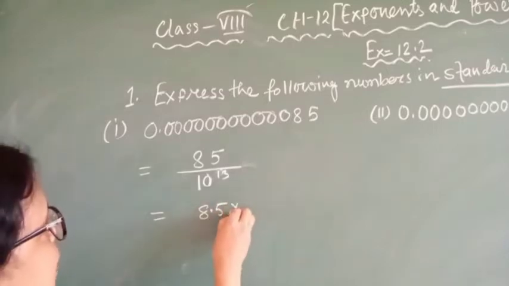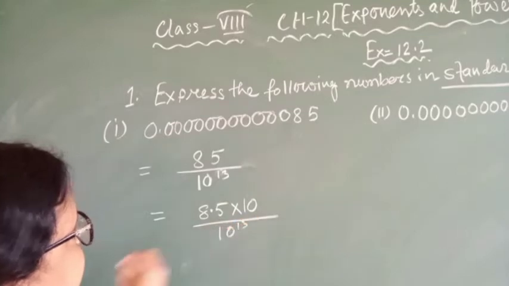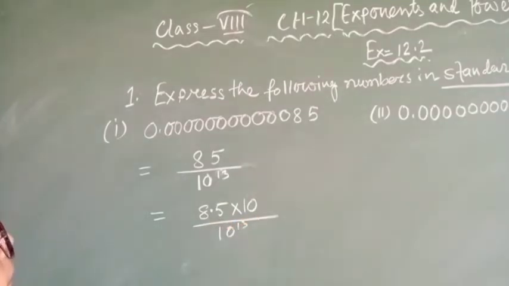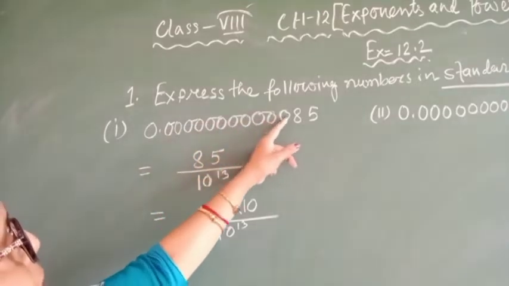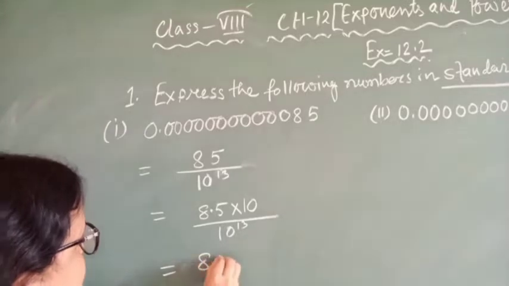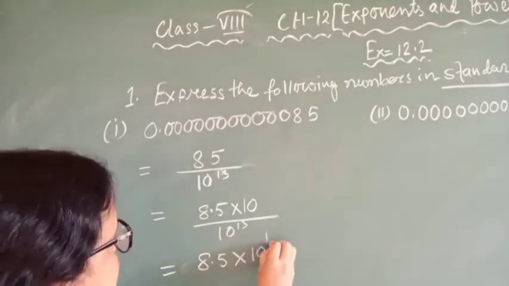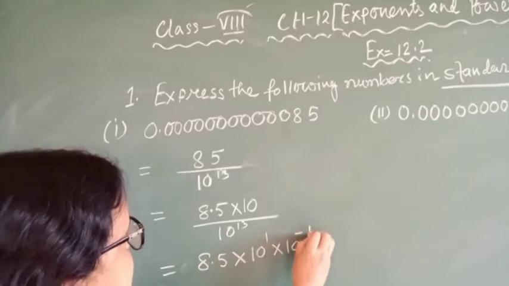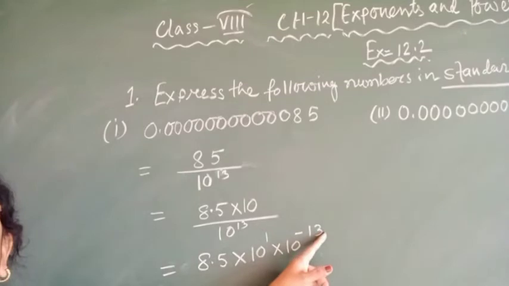So I have to multiply it by 10, then 10 to the power 1. Then 1, 2, 3, 4, 5, 6, 7, 8, 9, 10, 11, 12, 13. Next, what I can see: 8.5 into 10 to the power 1 into 10 to the power minus 13, as it is in the denominator, so I can write in this way.